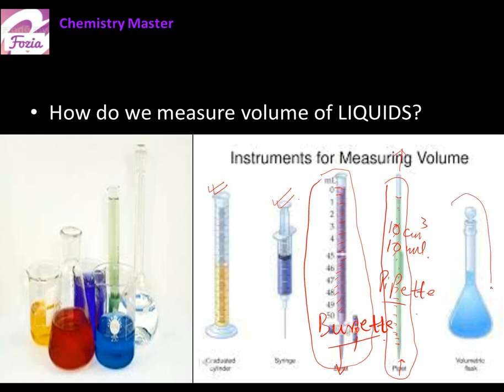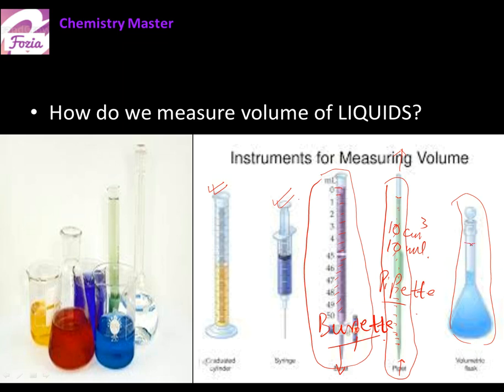Then come these volumetric flasks. When we need to make solutions in the lab, we need to mix the calculated amount of chemical or substance in the calculated or measured amount of solvent. That is why we use these flasks.